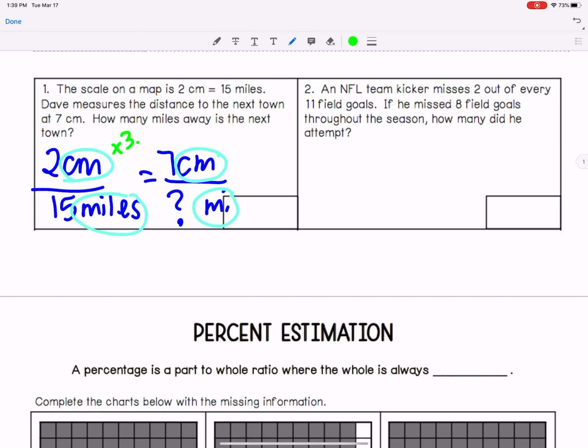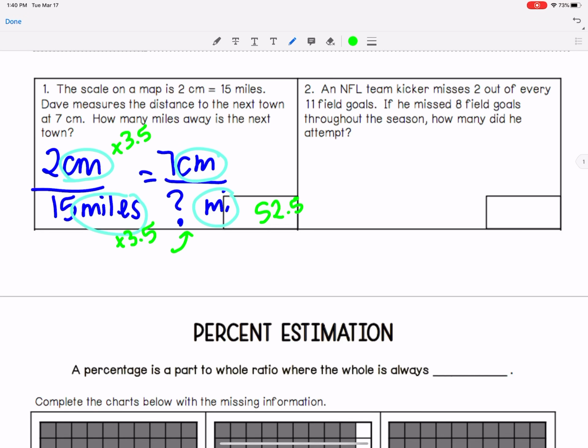If I multiply the top number by 3.5, so 2 times 3.5 gives me 7, then I would do the same exact thing to the bottom. I would say 15 miles times 3.5, and that will give me my answer over here. Because what you do to the top, you have to do to the bottom. Let's go ahead and try that out and see what we get. 15 times 3.5, and that gives me 52.5.